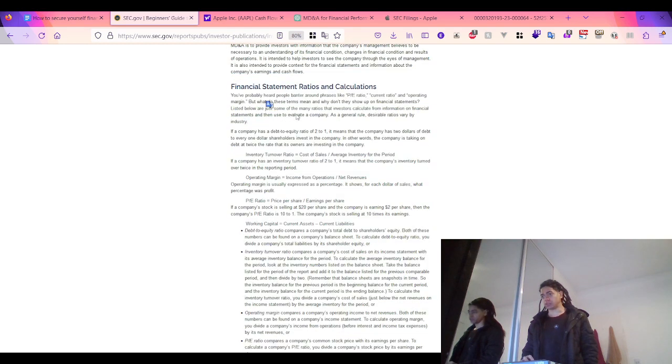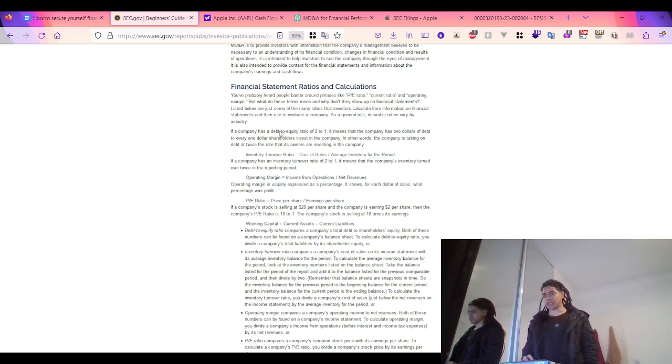The list below are just some of the many ratios that investors calculate from information on financial statements, and they use to evaluate a company. As a general rule, desirable ratios vary by industry.